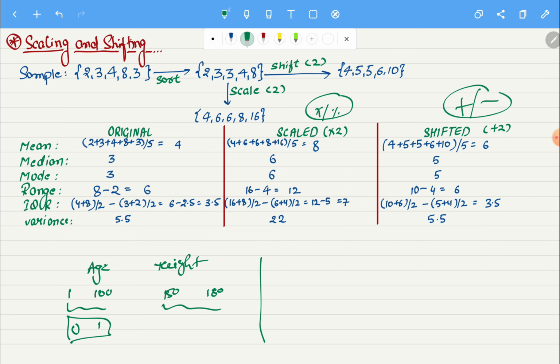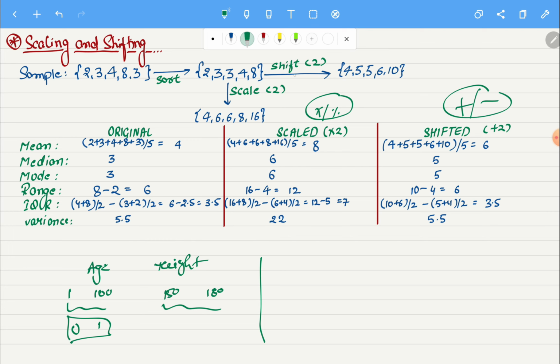Now let's take an example and see how shifting and scaling affect some important statistics. Here I have taken an example which is 2, 3, 4, 8, 3, and after sorting it became 2, 3, 3, 4, 8.